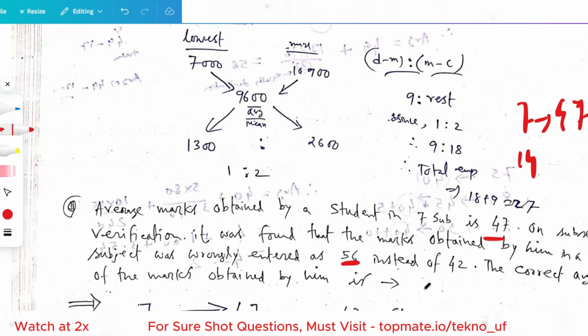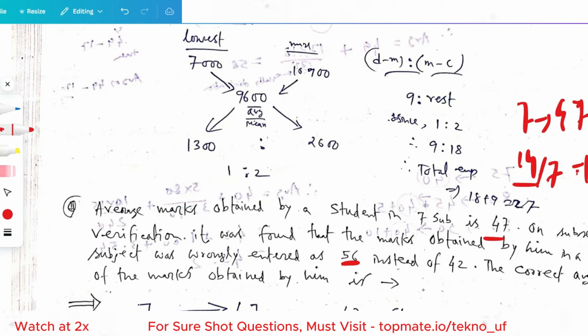So that means they have to reduce 14 marks from the whole average, right? So from each subject, if we subtract these 2 marks, then we will get our desired output.